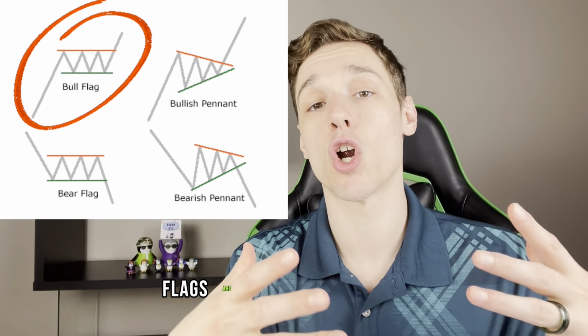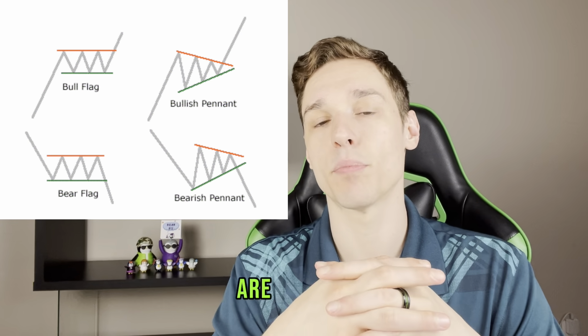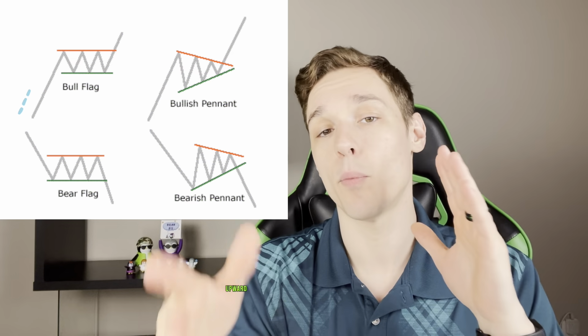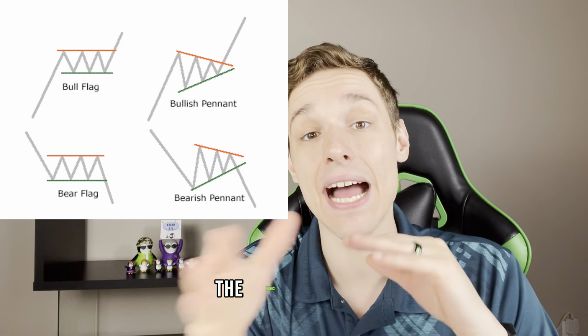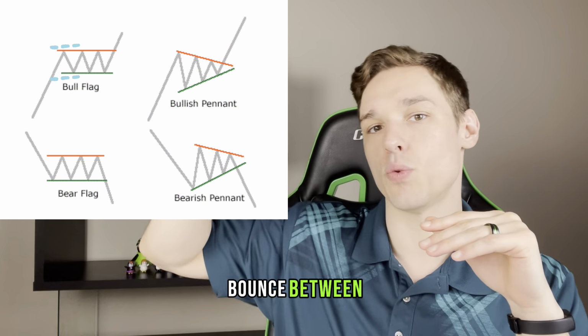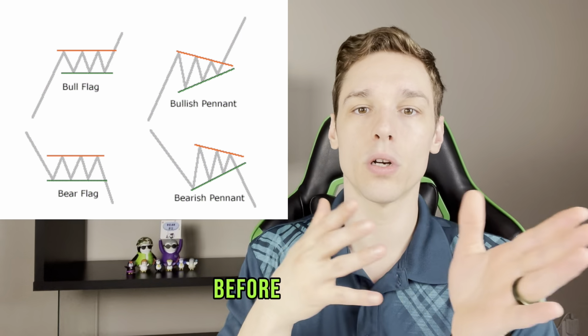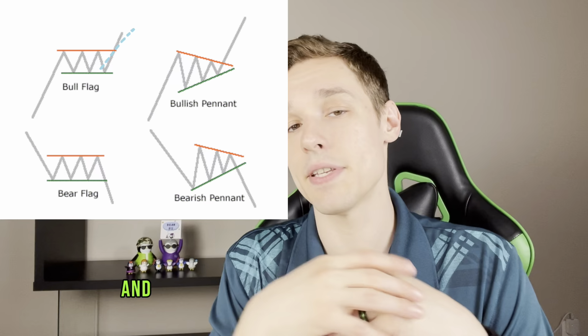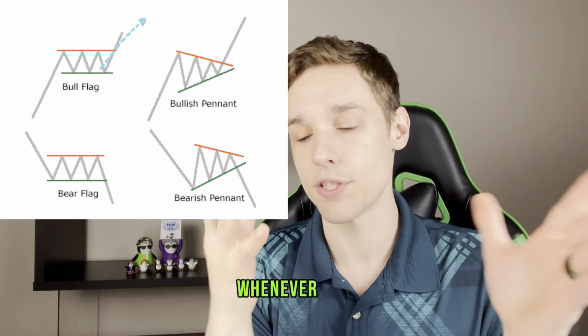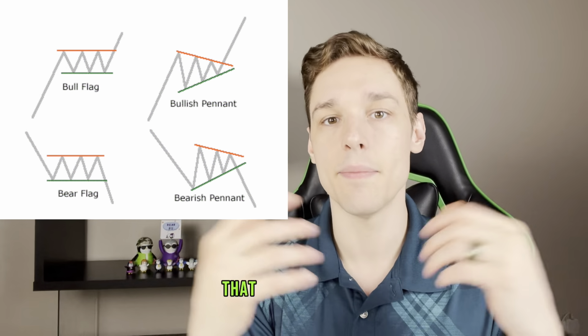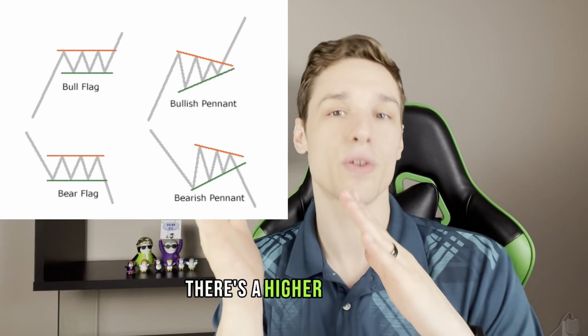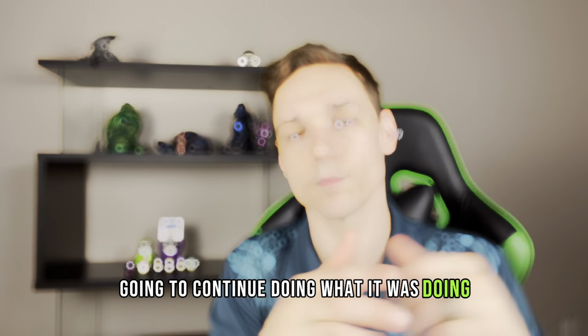Flags are the same in that they are preceded by a sharp move upward or downward, but different in that the highs and lows bounce between approximately two of the same levels before continuing. And this is another continuation pattern. Whenever you see flags or pennants, that means there's a higher than 50% chance that it is going to continue doing what it was doing.